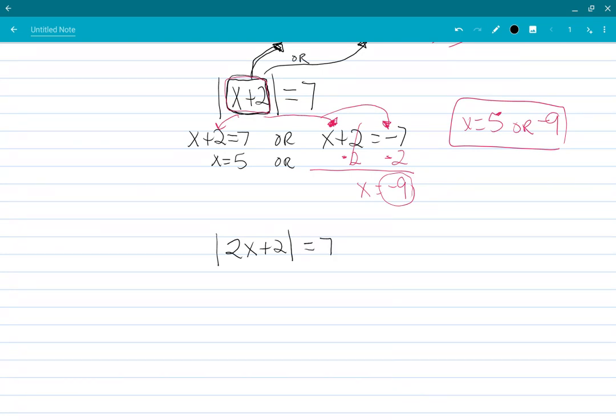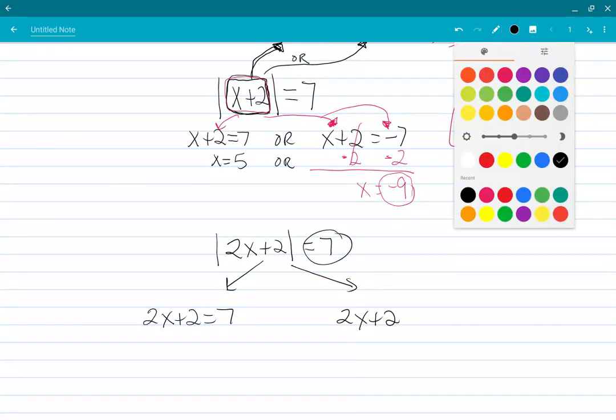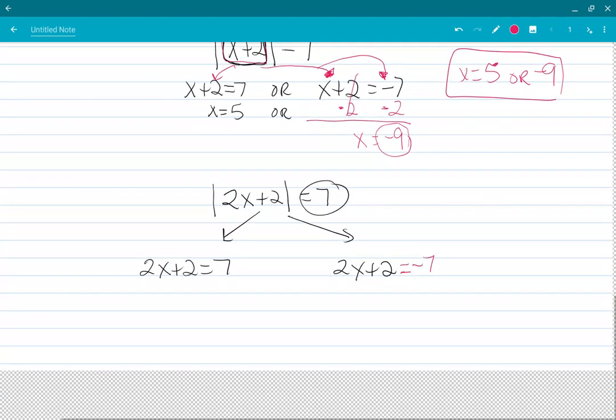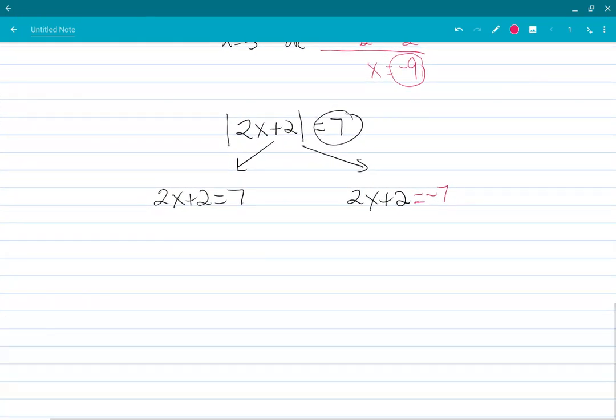So remember, my technique was to write two equations. One, normal. And the other, almost normal, except I would change this to negative. There we go. So go ahead and solve both of them and tell me when you're done. Don't tell me the answer, but tell me when you're done.